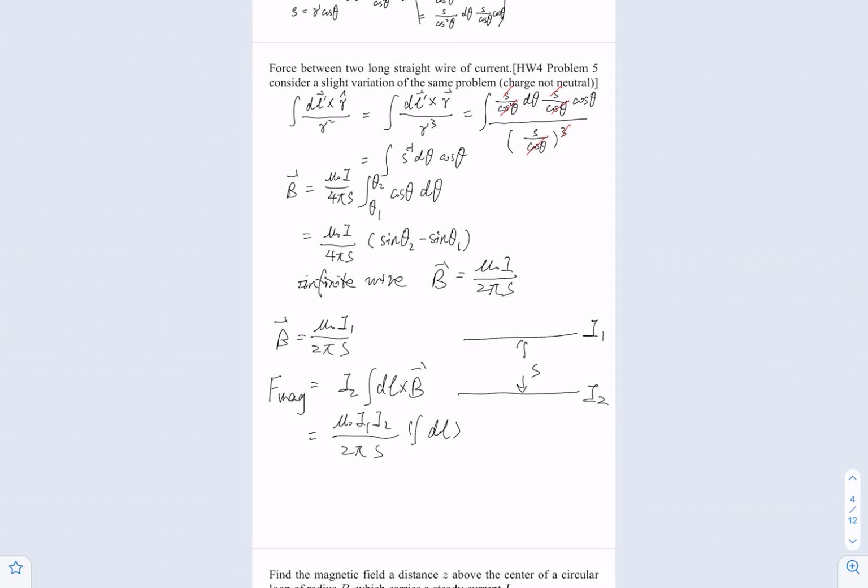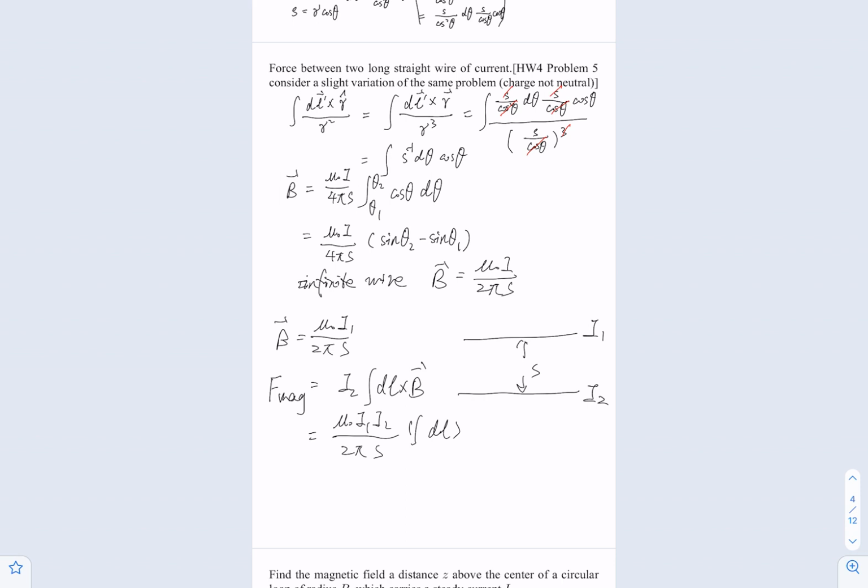In the homework, you will be asked to compare the magnetic field between the two lines and the electric field between two line charges. There is a subtle difference between moving line charge and a current.